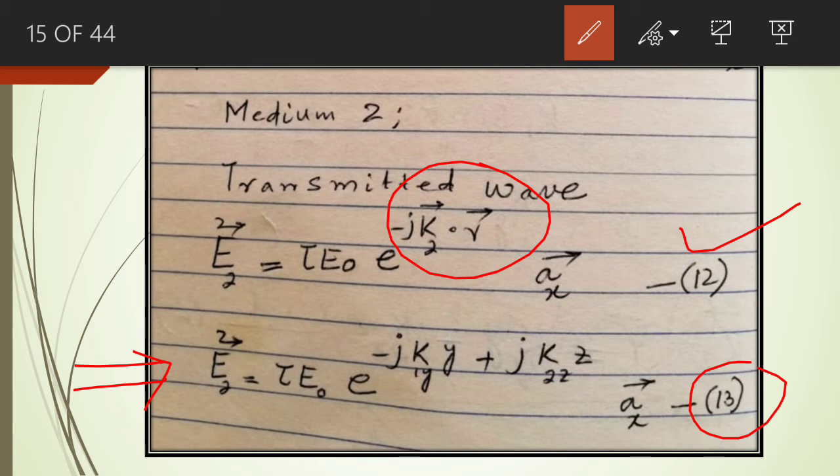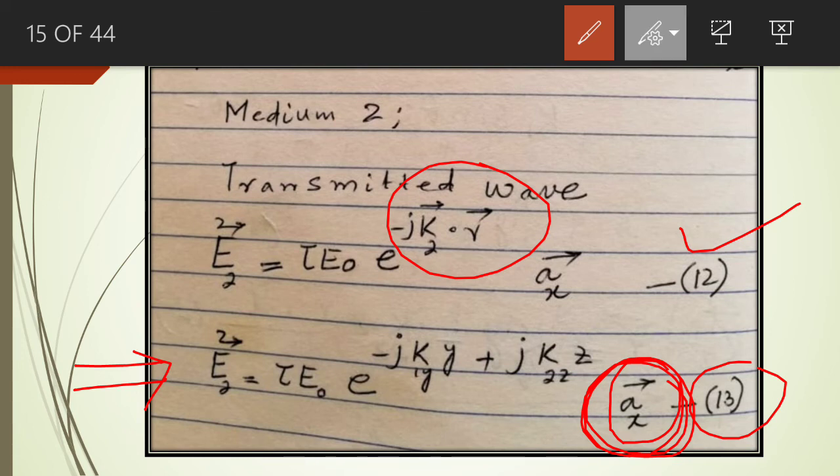So this is the electric field intensity of the transmitted wave which is in medium number 2. And you see the electric field intensity of the transmitted wave is along the x-axis. So E2 is entirely tangential to the interface as well. There is no component of E2 which is normal to the interface. There is no component which is along the z-axis.